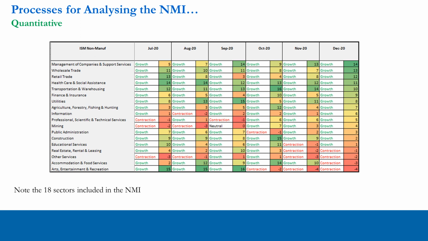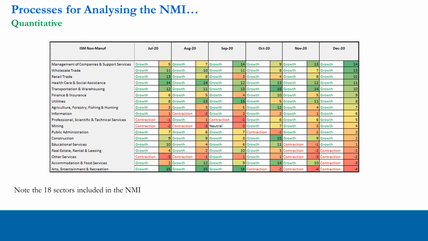You can update this every month yourself. Just learn how to use the spreadsheet properly. We've got the 6 months from July to December 2020, and we're ranking and sorting in descending order in terms of growth in December 2020.